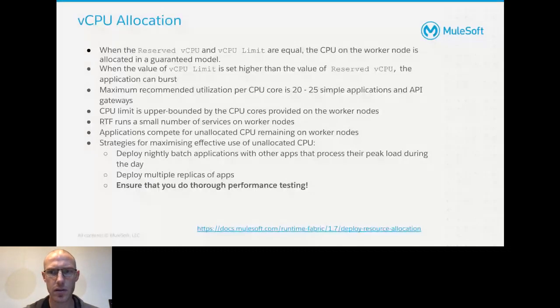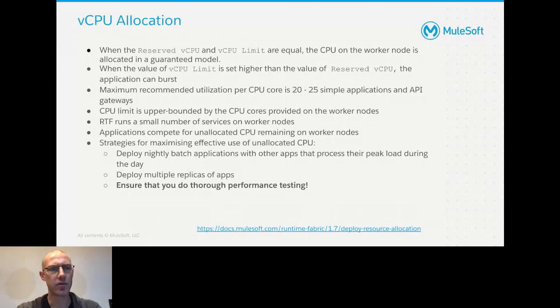These services consume between 0.3 and 0.5 vCPU, depending on whether log forwarding is enabled for endpoint monitoring. Applications can compete for the unallocated CPU remaining on the worker node. As more applications are deployed on that worker node, less unallocated CPU is available, and that can result in poor performance.